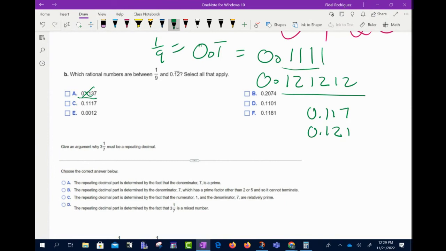Yeah, that's going to be in between, right? That'll be between those two. So let's go ahead and pick C. Okay. And I can probably pick F by the same reasoning. So, y'all, that's where it looks like I would stop right there. I would definitely pick those two right there.